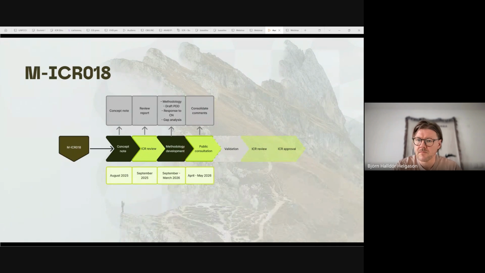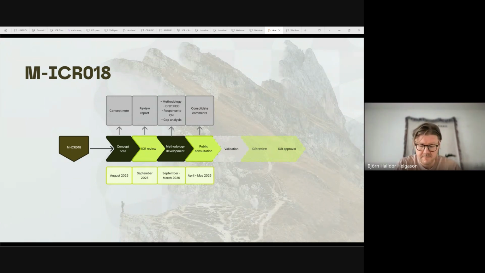When we got the submission of a concept note, we reviewed it and gathered some feedback for the developers. Then that was in September, and through September and through March, we received the final methodology, draft PDD, and responses to the concept note, along with a gap analysis.